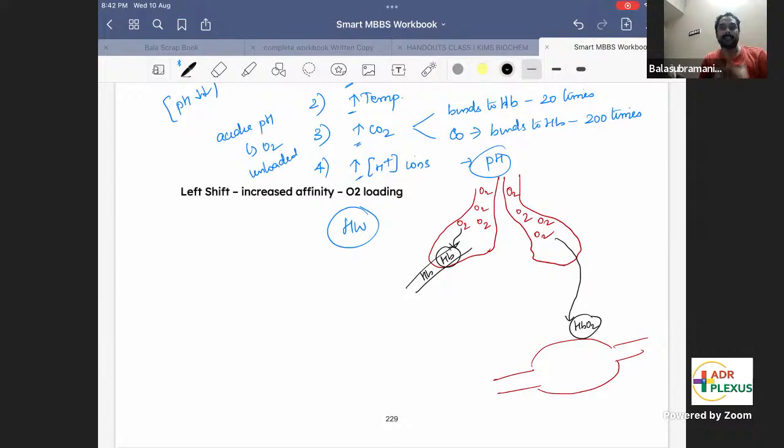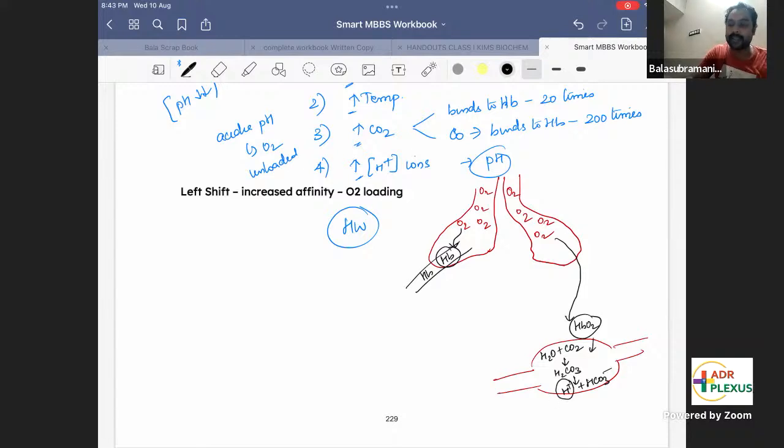But what happens in the skeletal muscle? The skeletal muscle is doing work after work after work. So it produces carbon dioxide and H2O, which gives rise to H2CO3, or carbonic acid, which again gives rise to H plus and HCO3 minus. Now the hemoglobin with oxygen has come into the skeletal muscle.